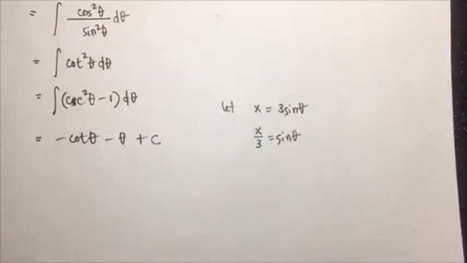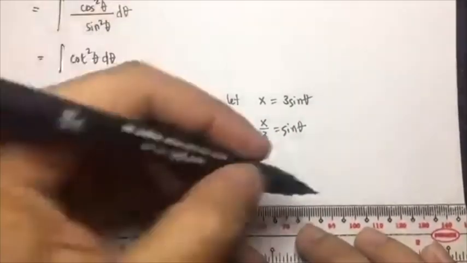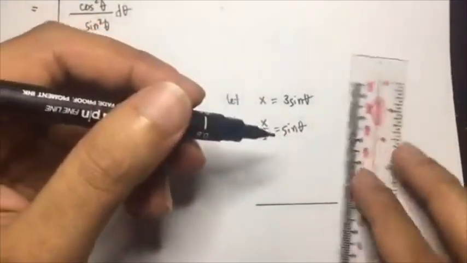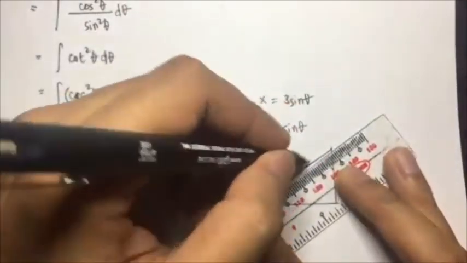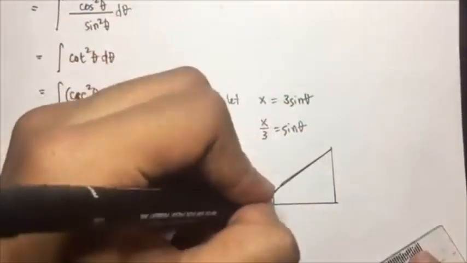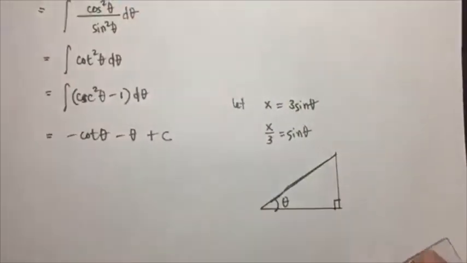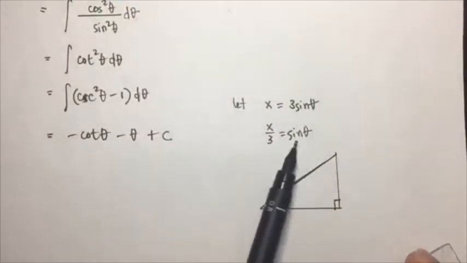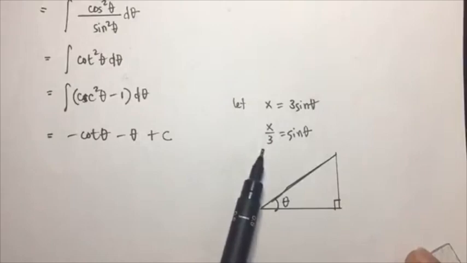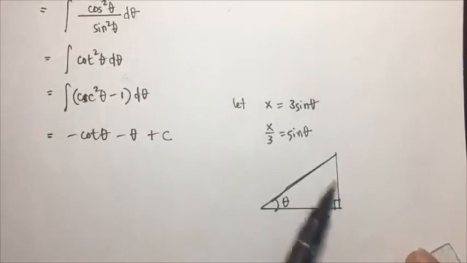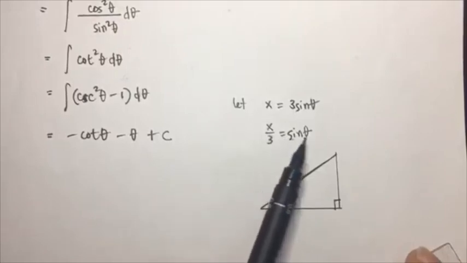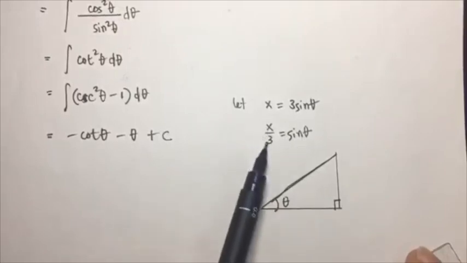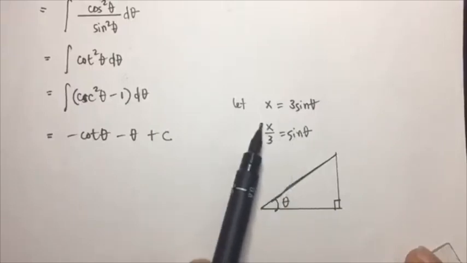If we draw a right triangle and identify one angle as theta, sine of theta is opposite over hypotenuse.